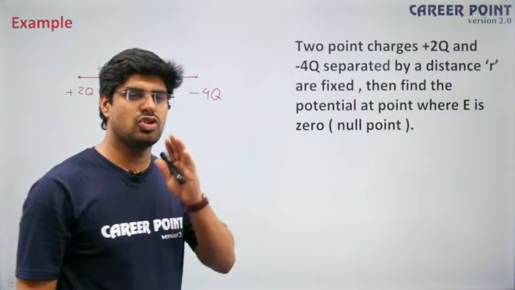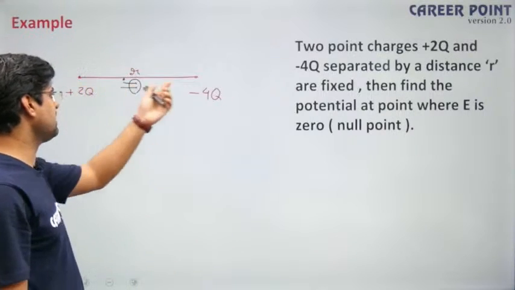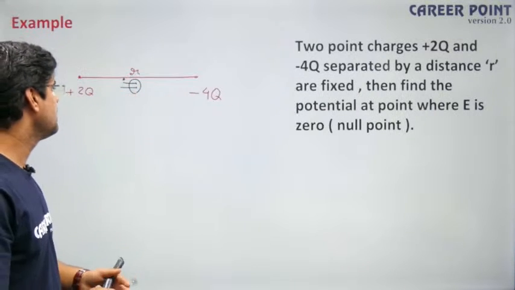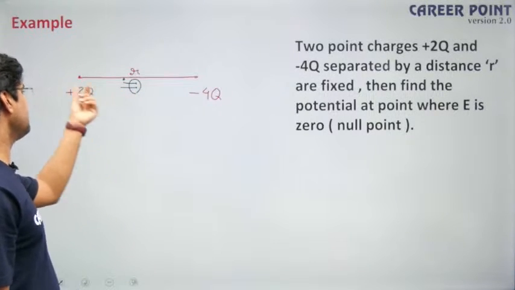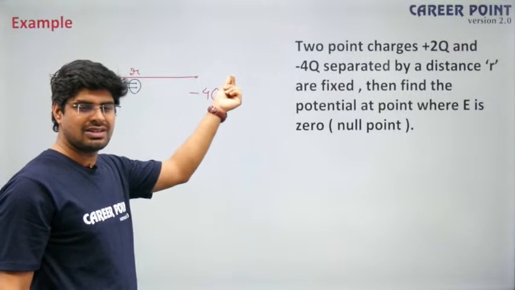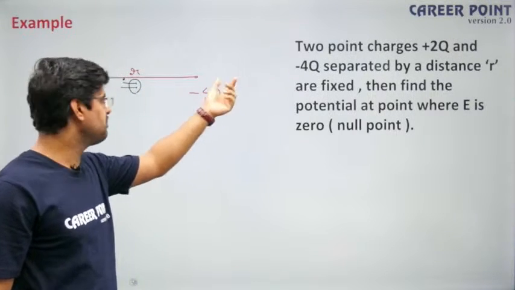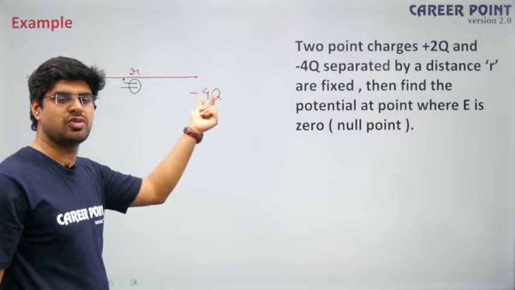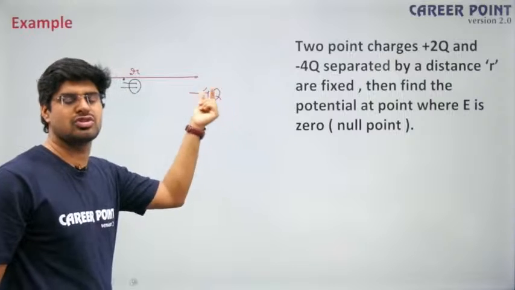So there is no possibility of finding a point where electric field is 0 in between the two charges. Where else will I find it? Next I will be able to find it near the smaller charge. Why? Because if I consider something here, then I will not be able to compete with the small charge plus 2q cancelling minus 4q's electric field.